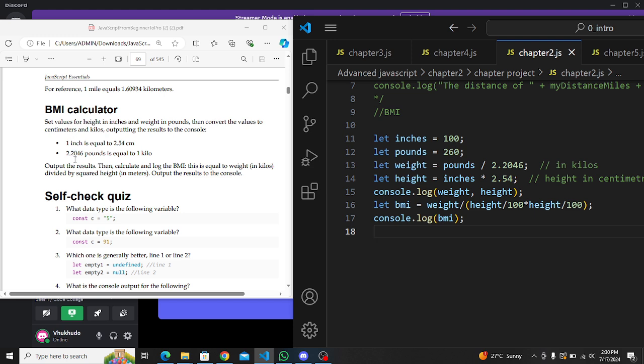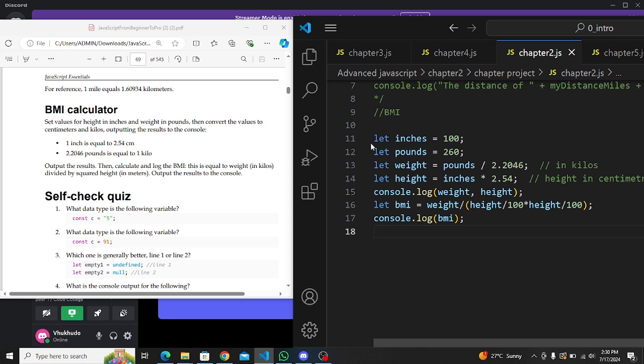And then for reference, they said 1 inch is equal to 2.54 centimeters, and 2.2046 pounds is equal to 1 kilo. So they said set the value for height in inches, weight in pounds.